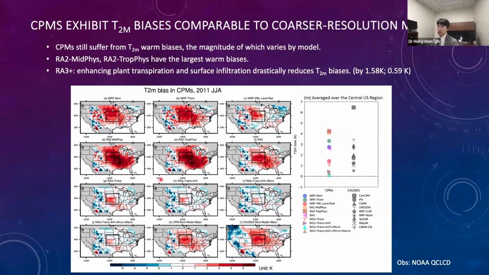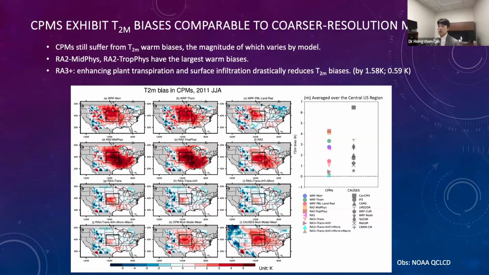This panel shows our results, basically the T2M biases in CPMs over summer of 2011. The upper left panel shows the WRF-Morrison simulation. Upper middle, WRF-Thompson, and this is the WRF-PBL-land-radiation simulation. The second row, the RE2 mid-phase simulation, the RE2 tropical phase simulation. This is the default RE3, this is RE3 plus trans, RE3 plus trans plus infill, RE3 plus trans plus infill plus micro. This is the RE3 with the full set of sensitivity tests.